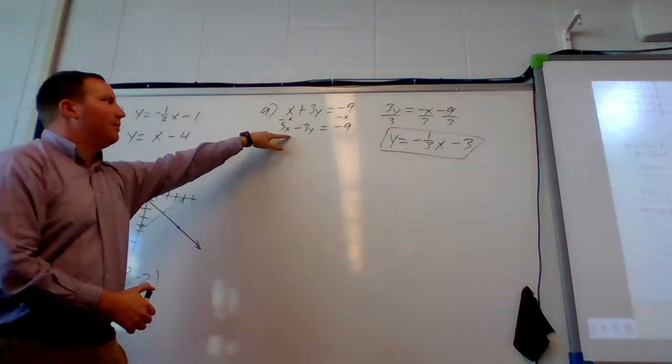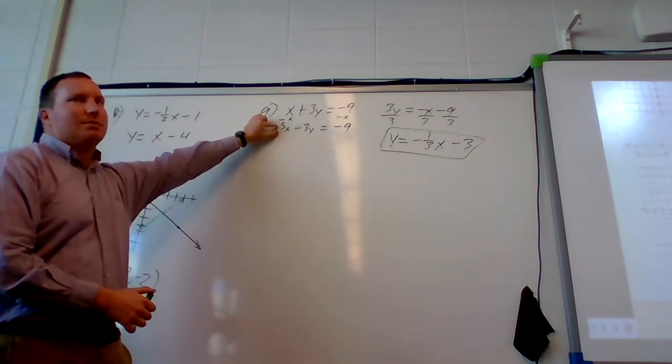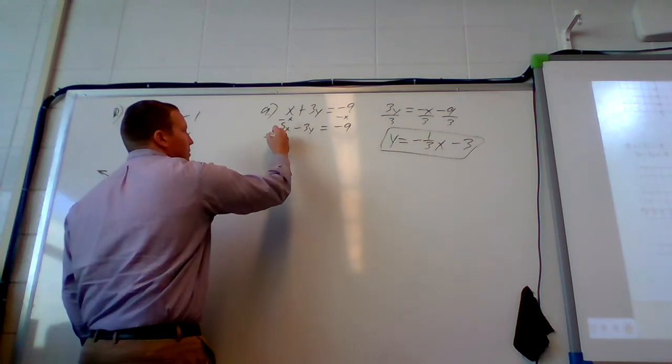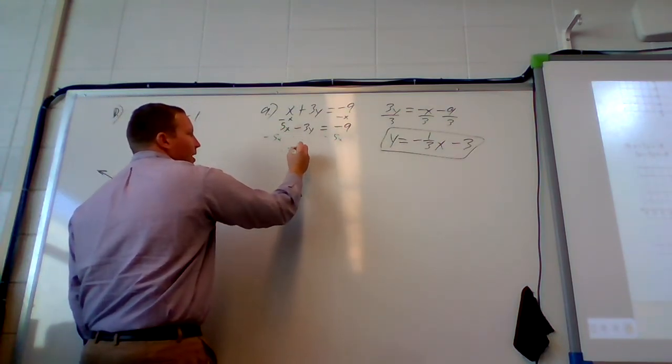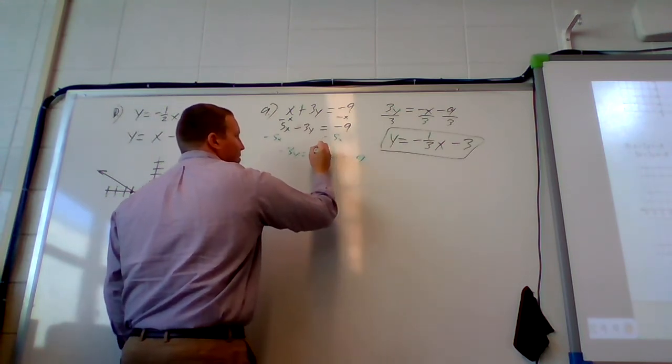Then we also want to solve our second equation for y. The first step is to subtract our 5x over. That gets me -3y is equal to -5x minus 9.